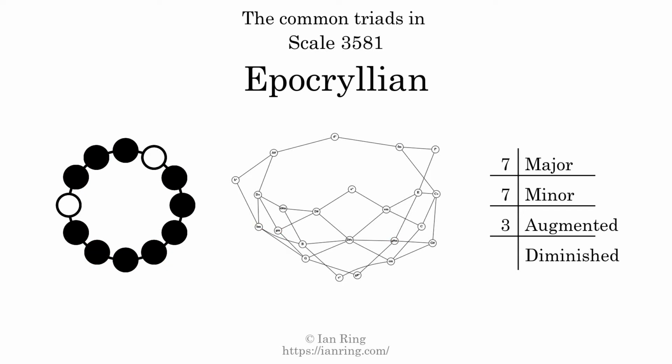There are 3 augmented triads. There are 6 diminished triads. Here is a Hamiltonian path of parsimonious voice leading that uses all the triads.